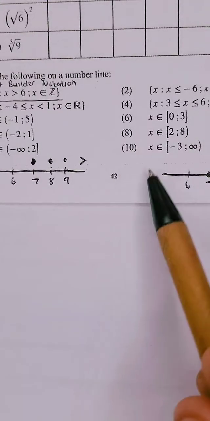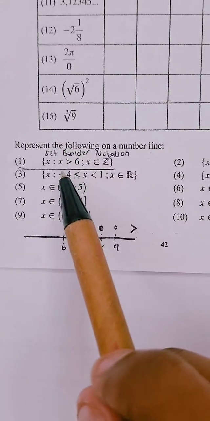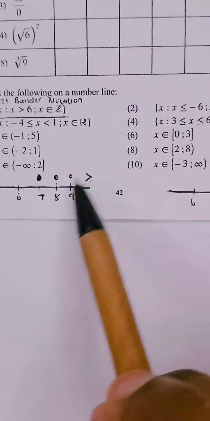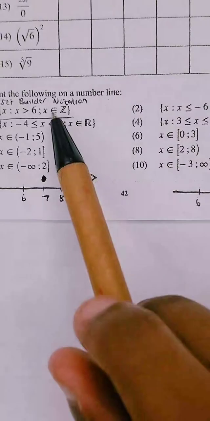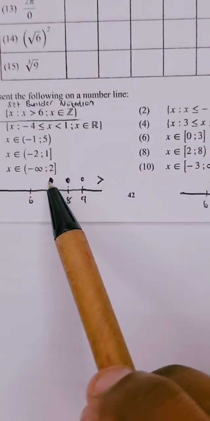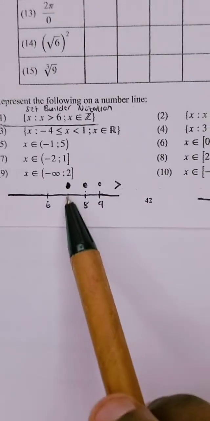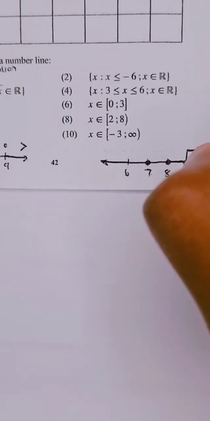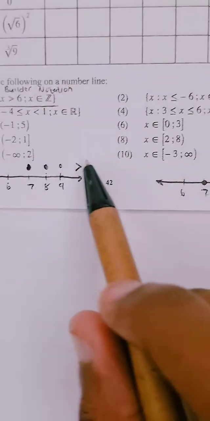So these are two viable ways that you can write this set builder notation in number line format. You have two represented ways.